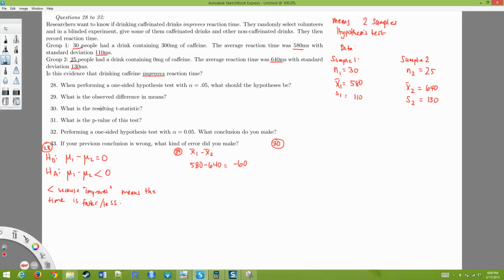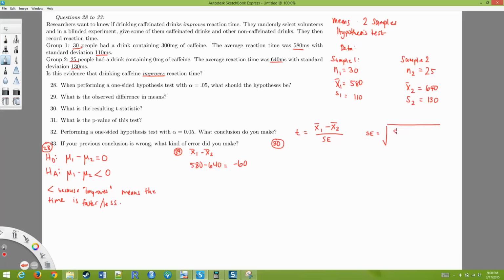Number 30 asks, what is the resulting T statistic? Our test statistic T is going to be x bar 1 minus x bar 2 over the standard error. What is our standard error? Well, we have two samples, means, and we can go to the study guide, but I will just tell you what the study guide says.